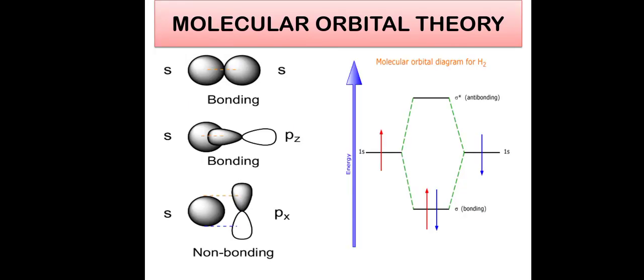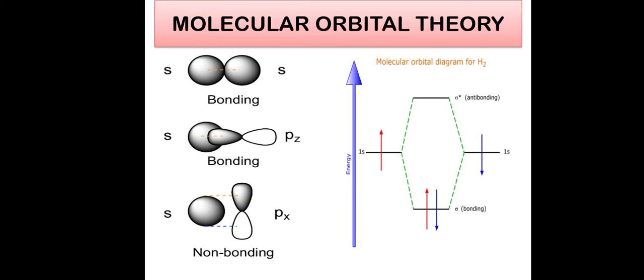Molecular orbital theory. The electrons in a molecule are present in various molecular orbitals, as the electrons of atoms are present in various atomic orbitals. The atomic orbitals of comparable energies and proper symmetry combine to form molecular orbitals.